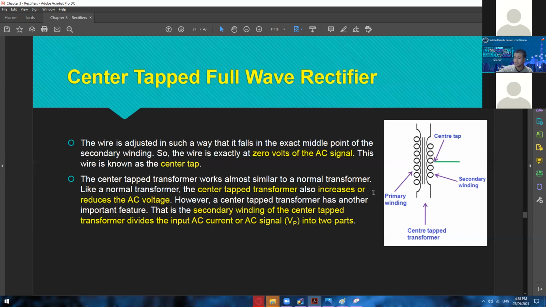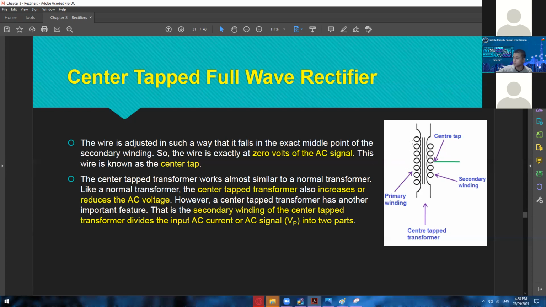This one is mostly used for increasing or reducing the AC output. You're still going to have an AC output, but you can divide it into two, or into three, or you can increase it into two, into three, or into four.